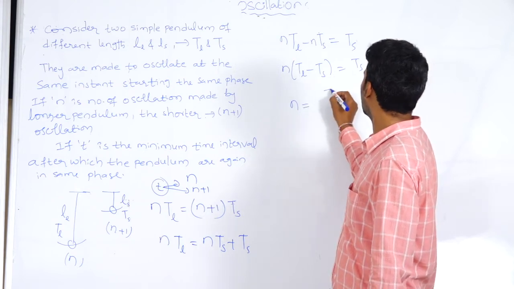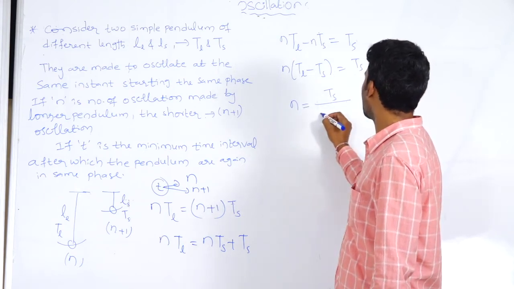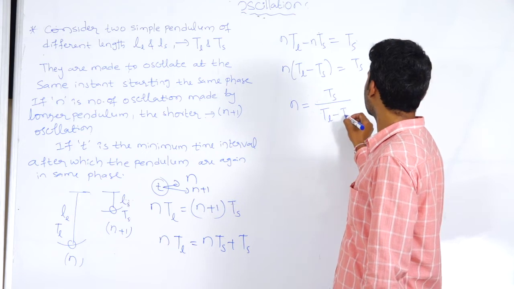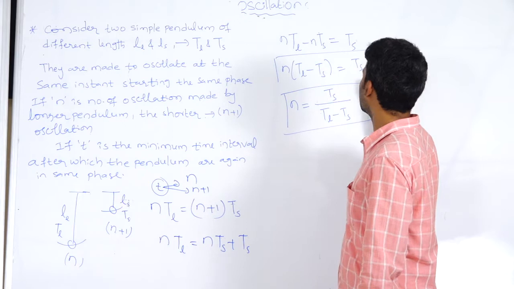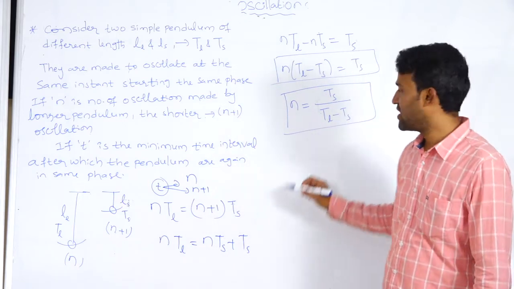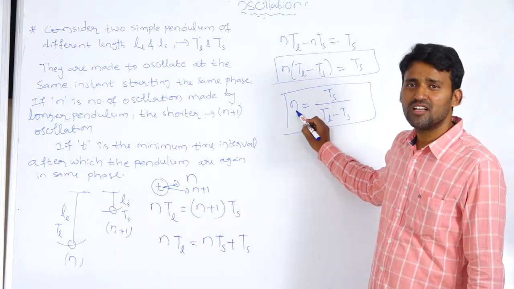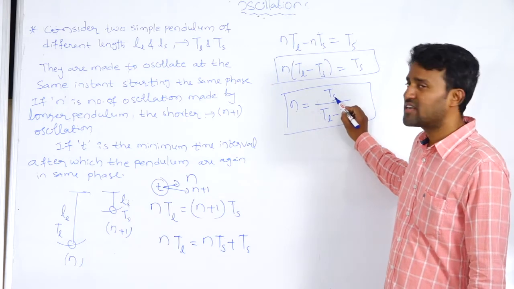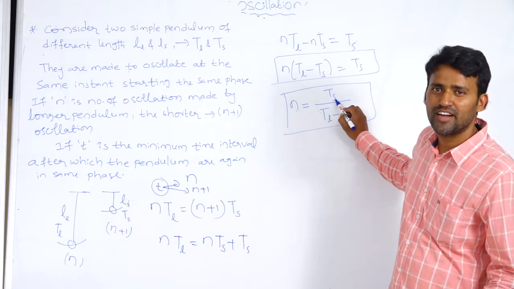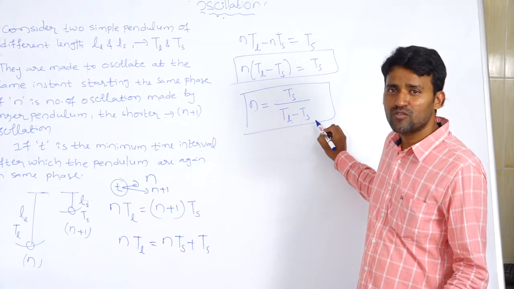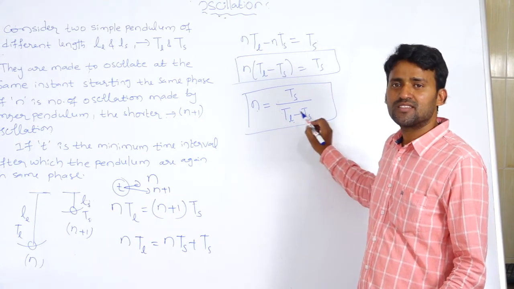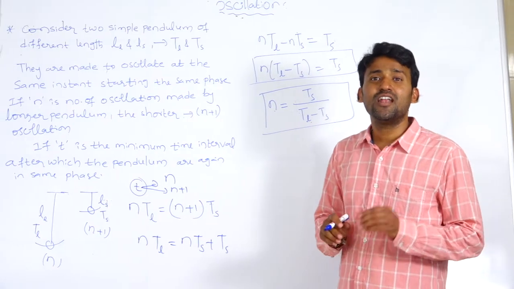Then n is equal to TS divided by (TL minus TS). So the number of oscillations done by the longer pendulum is equal to the time period of the shorter pendulum divided by the time period of the longer pendulum minus the time period of the shorter pendulum. This is the number of oscillations done by the longer pendulum.